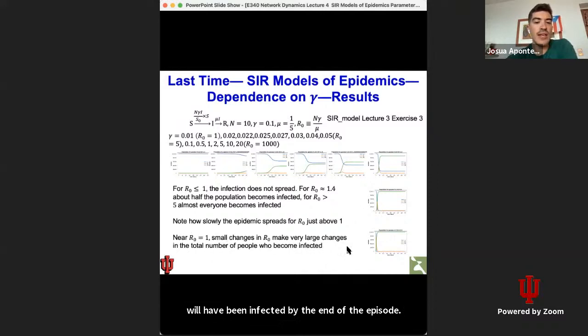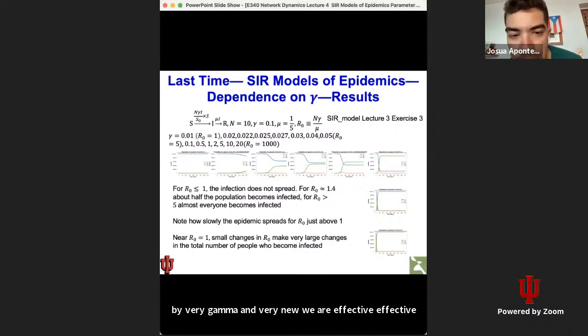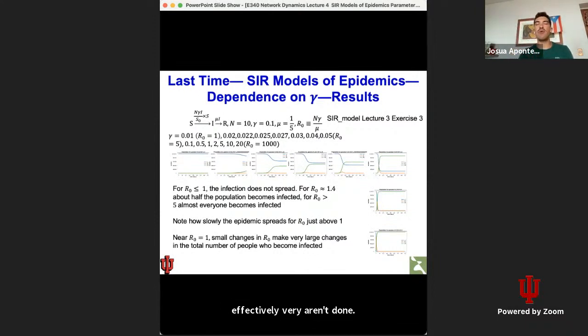And yeah, there is an idea here that because by varying gamma and varying mu, we are effectively varying R naught, there is an important transition when we go from R naught below 1 to an R naught above 1, right?